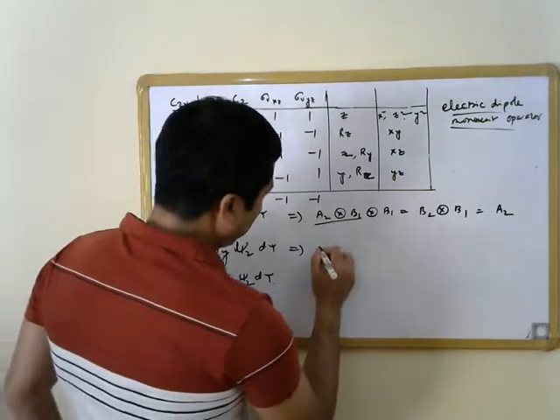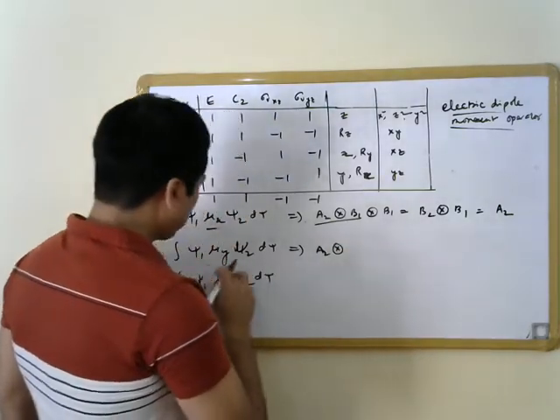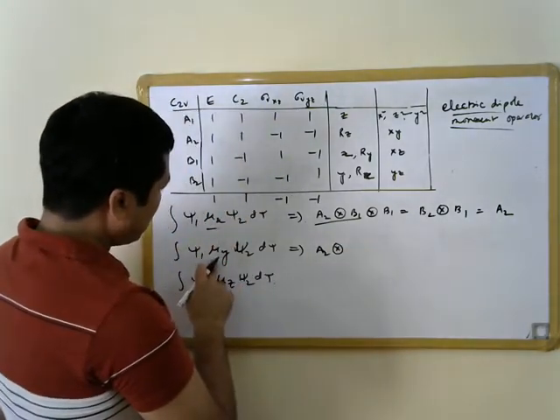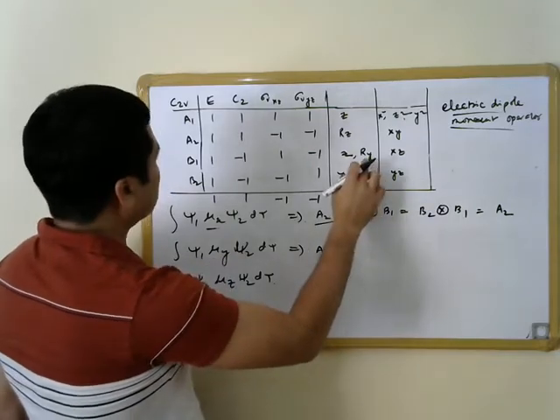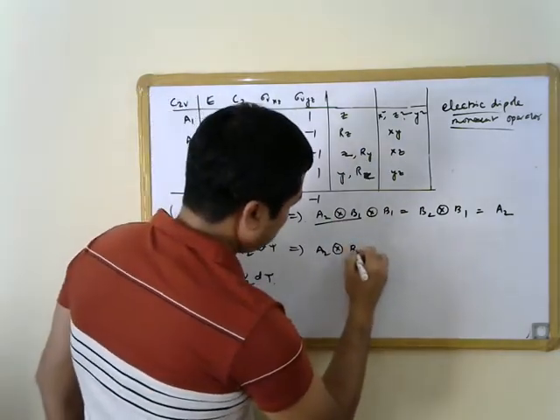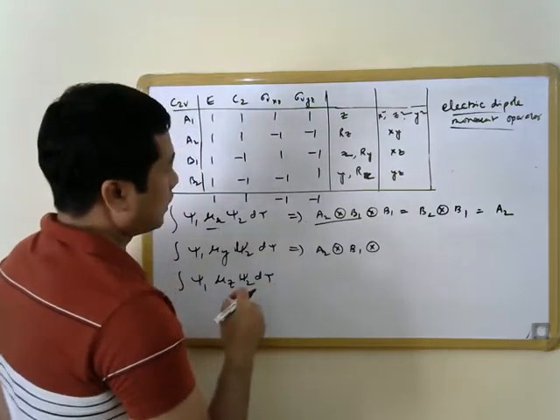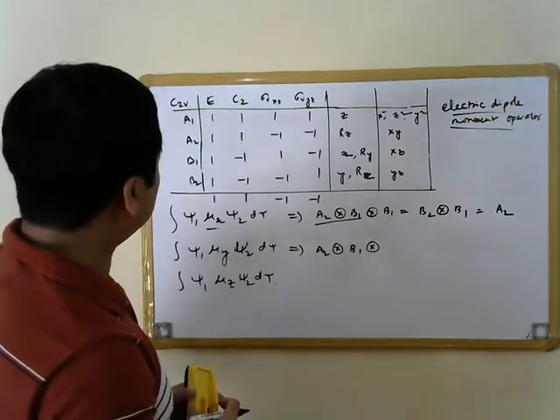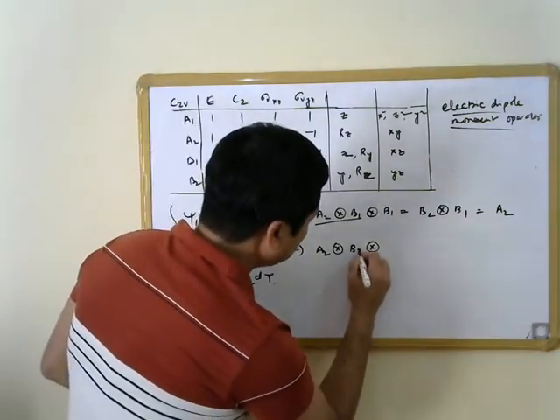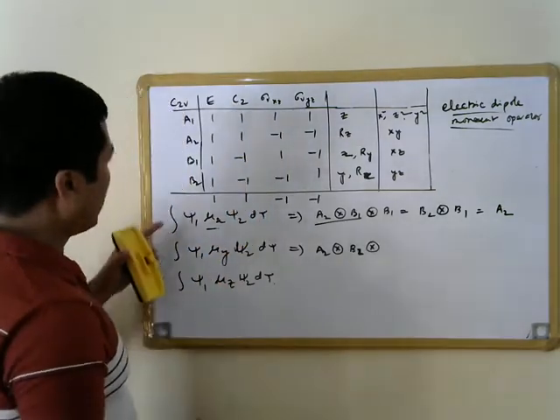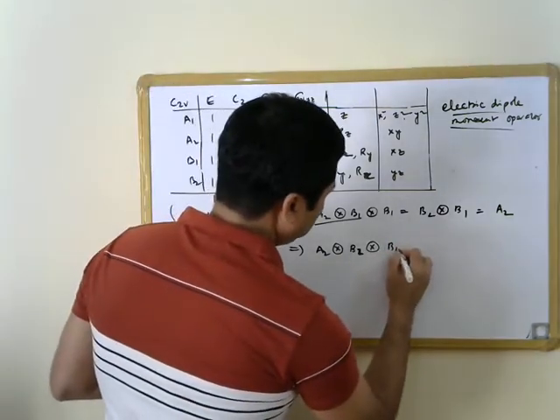So psi 1 we can write again as A2, cross mu y, and y transforms as B2, and then we have B1.